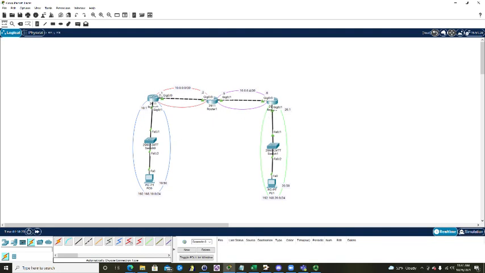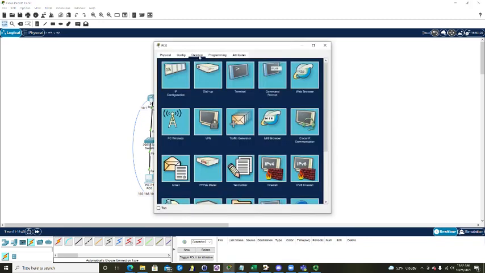And then I've set the point-to-point link addresses as well: .1 on the gigabit 0/0, .2 over on the router 1 gigabit 0/0, .5 on G0/1, and .6 on G0/0. Again, all I've done is set up some addressing here.